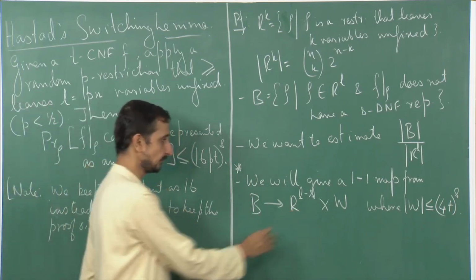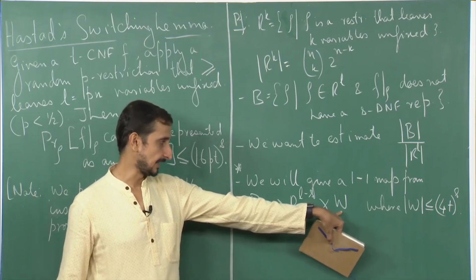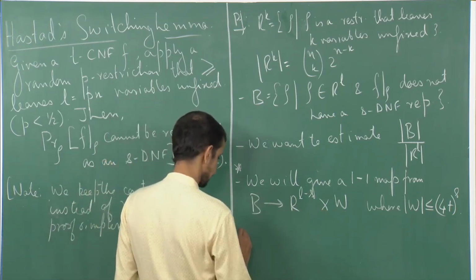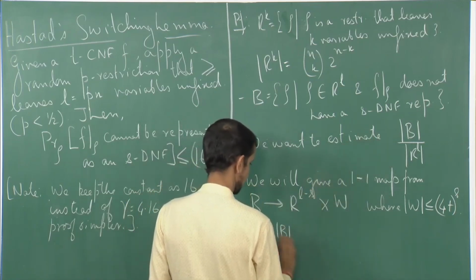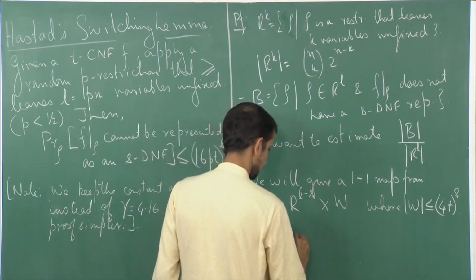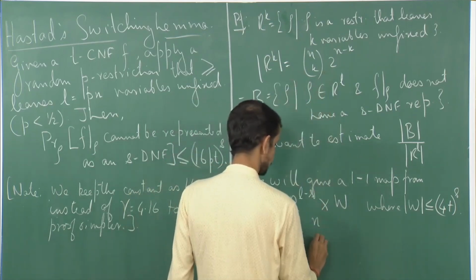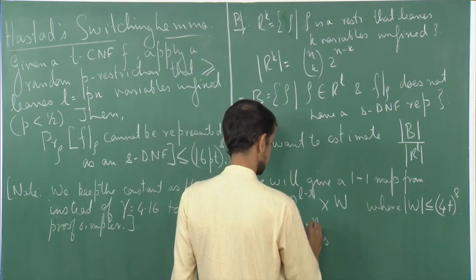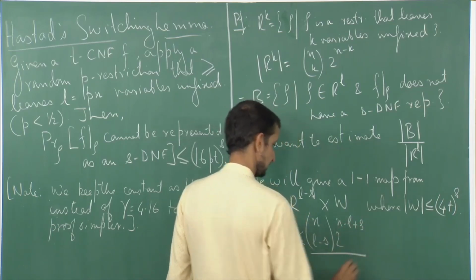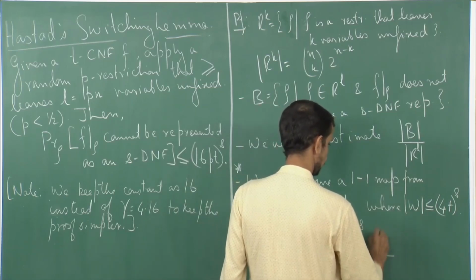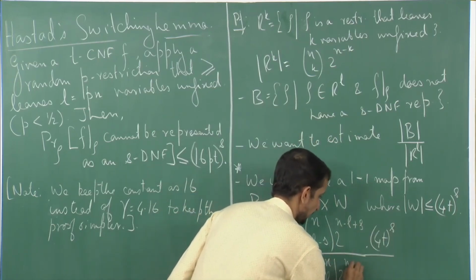Now once we have established this, the size of B is bounded by the size of R_{l minus s} times the size of W. So once we have established this, the size of B divided by the size of R_l is at most, using this formula, n choose l minus s times 2 to the power n minus l plus s, times 4t to the power s, divided by n choose l times 2 to the power n minus l.